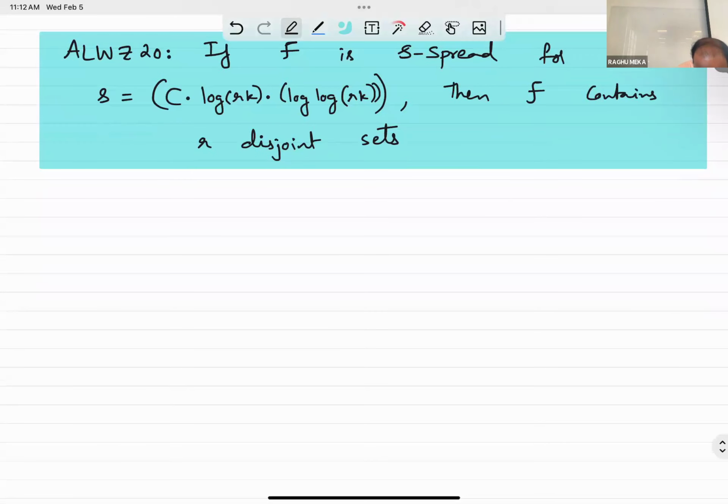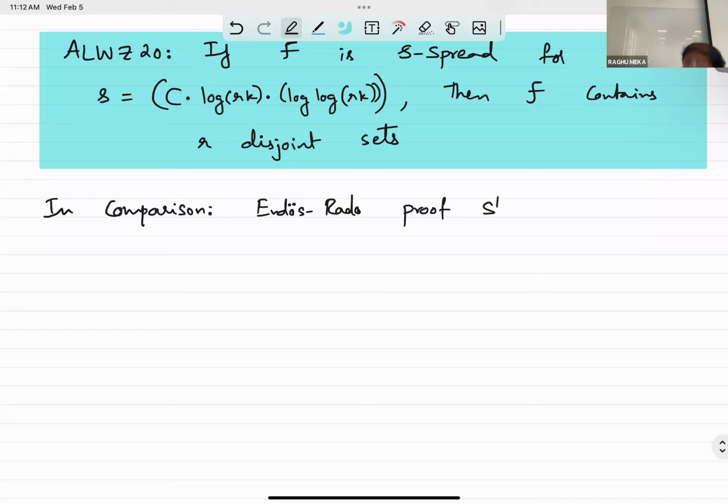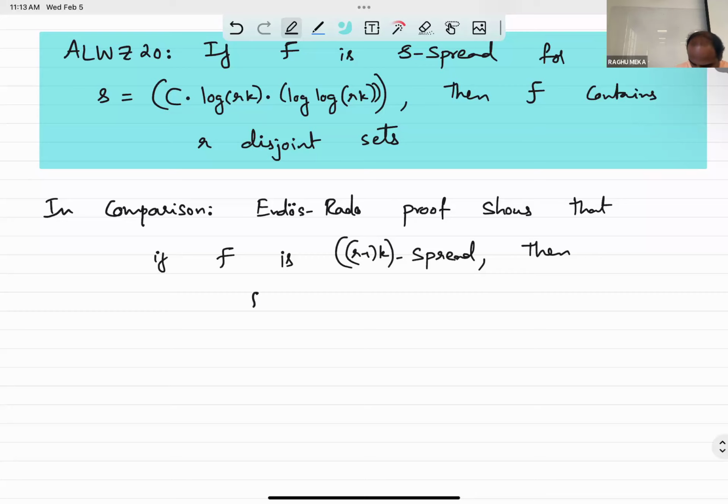So in comparison, the Erdős-Rado statement, the proof, maybe it's R minus 1 K really.